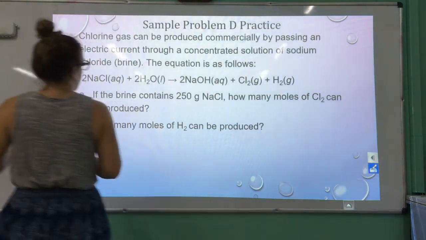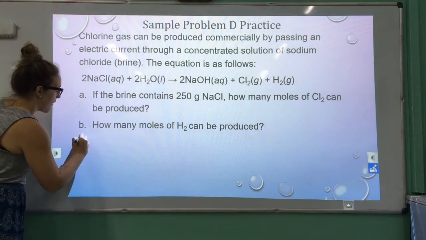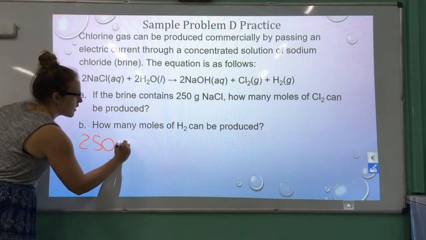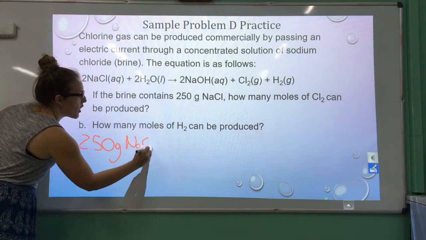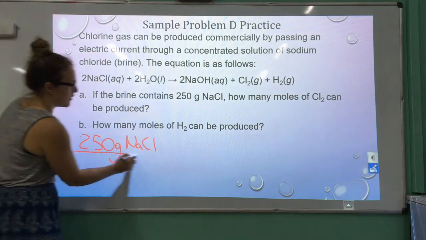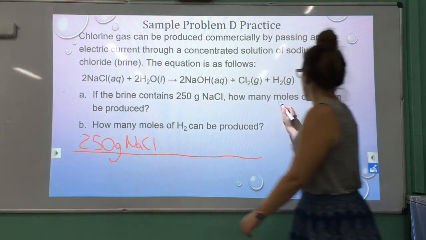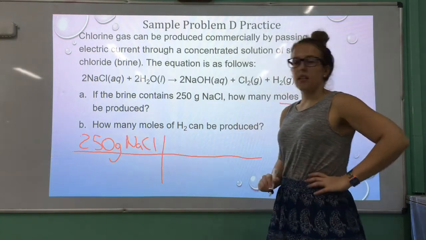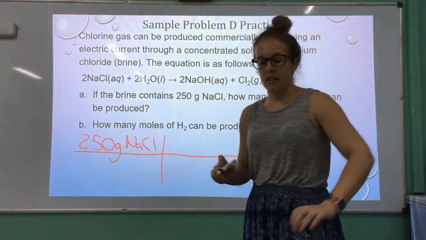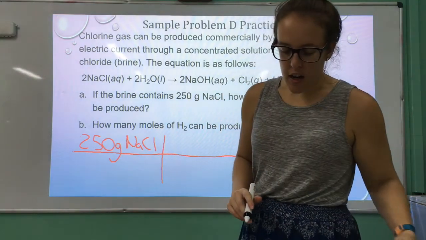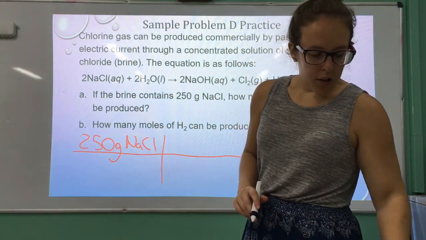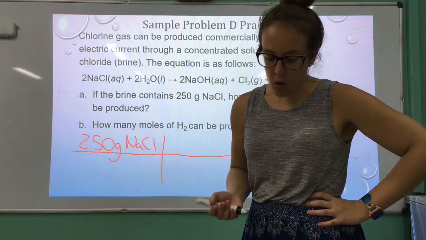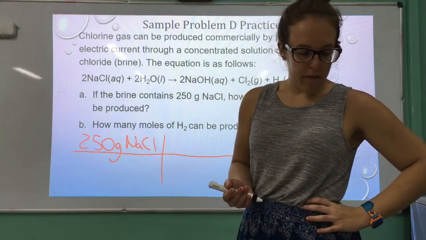Let's look at this. We have 250 grams of sodium chloride. We want to know moles of chlorine, so we must first find the molar mass of sodium chloride. Sodium is approximately 23, and chlorine is 35.45.